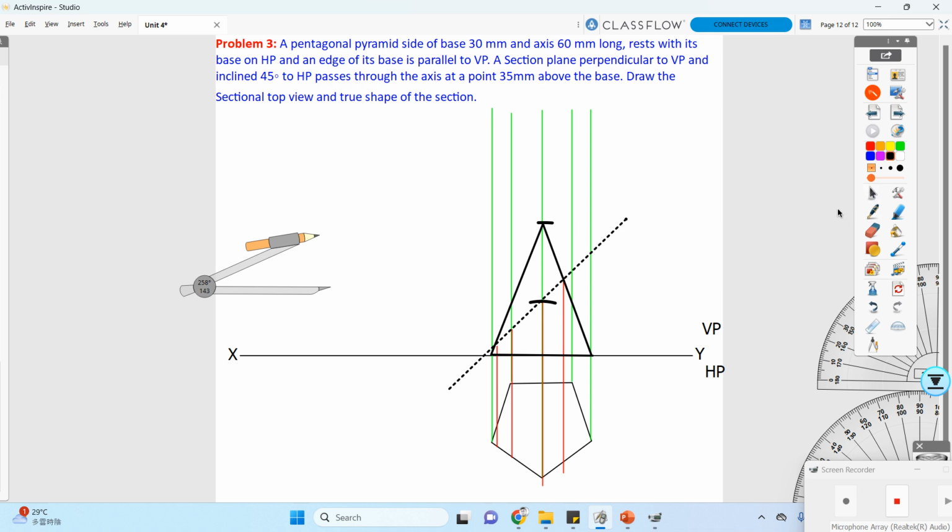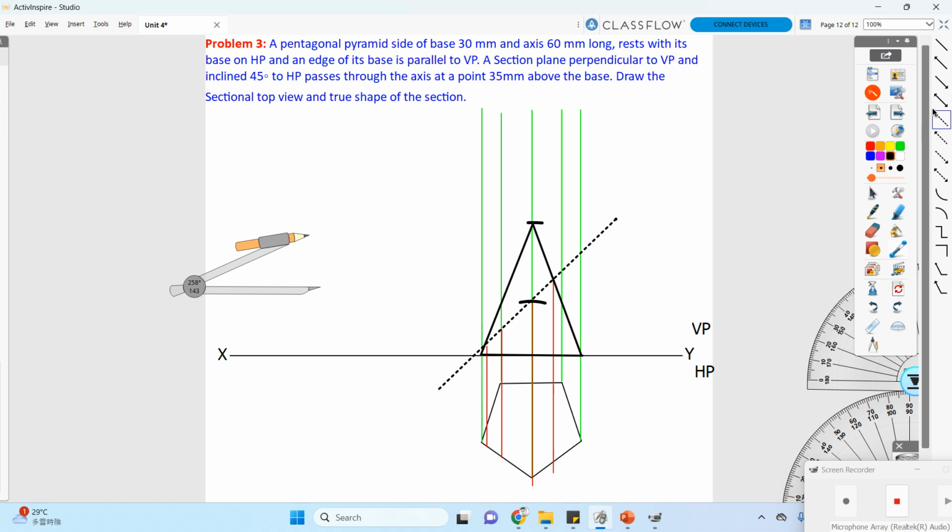Then we can start our notation marking. So when you consider this condition, this is your true position, that is from this point to this point, then from here to here, then from here to here, then the last one is from here to here.